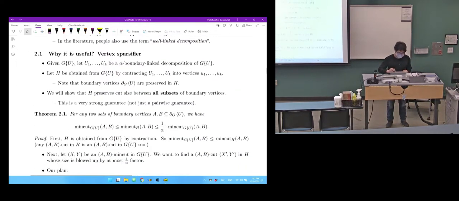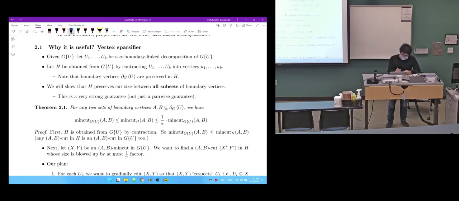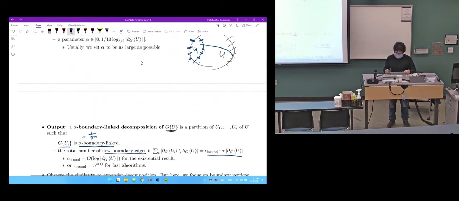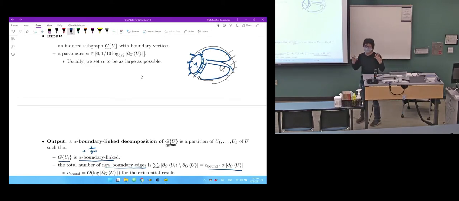So that's the object we looked at last time, and we also saw that it gives you a way to compress the graph dramatically. That is, if you just contract each of the parts, then the contracted graph preserves all the cuts, and not just a pairwise cut.